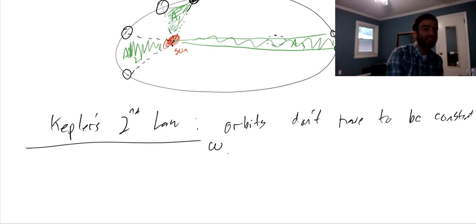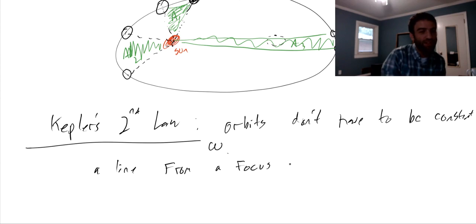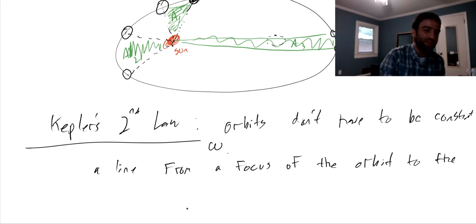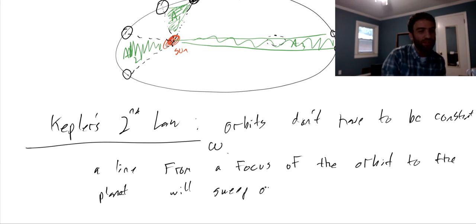So Kepler's second law actually says a line from a focus of the orbit to the planet will sweep out equal areas in equal times.